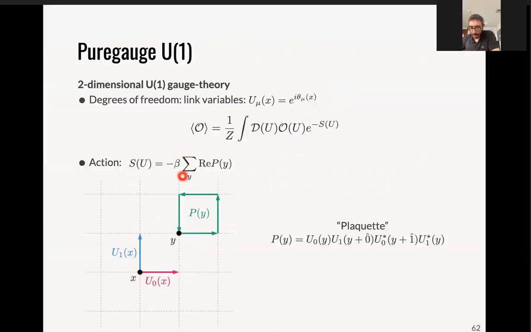And then the action is written in terms of the plaquette again, a product of these U's, which means that if you write the plaquette in terms of the angles, it's basically a sum of 4 angles. Okay.